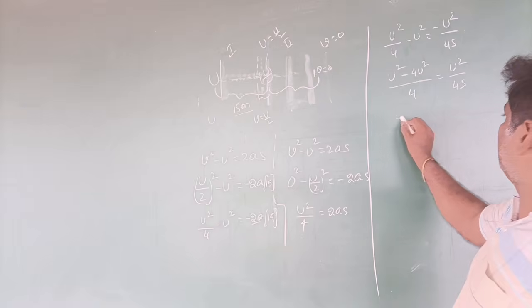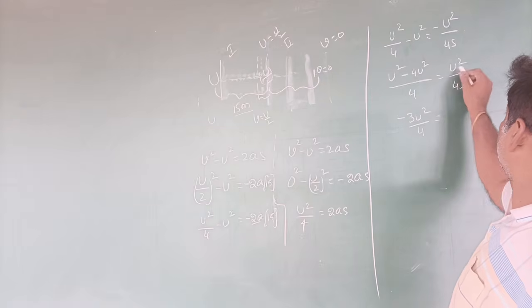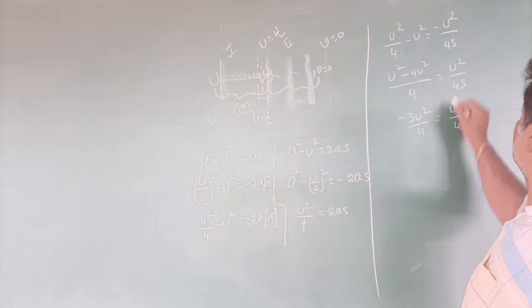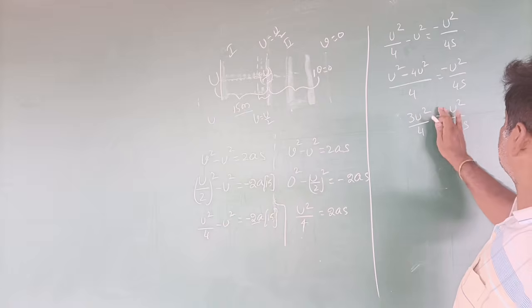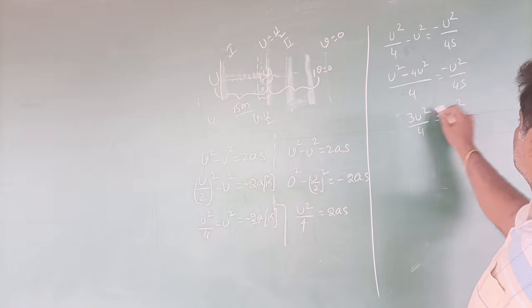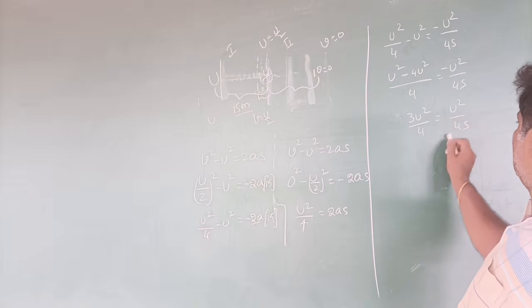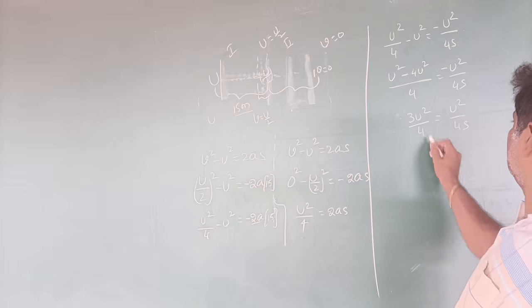So you will get minus 3u square by 4 is equal to u square by 4s. Minus minus will get cancelled, you will get a plus here, 4 will get cancelled, u square will get cancelled. So observe here, u square will get cancelled, 4 also will get cancelled, 3 will be here.